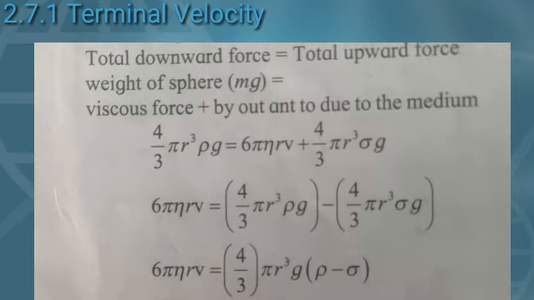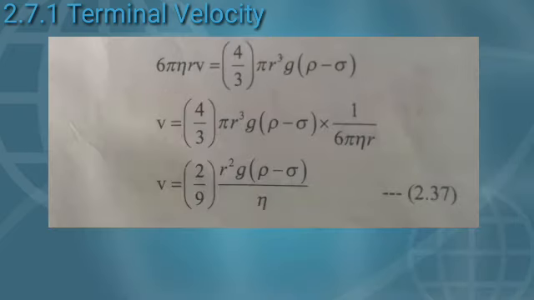The equation becomes 6 pi eta r v is equal to 4 by 3 pi r cube rho g minus 4 by 3 pi r cube sigma g. From the right hand side, we take the common factor 4 by 3 pi r cube g. Then the equation becomes 6 pi eta r v equal to 4 by 3 pi r cube g into rho minus sigma.